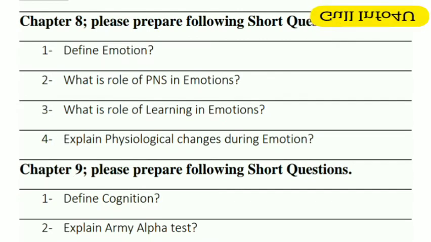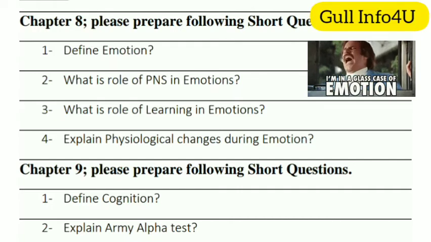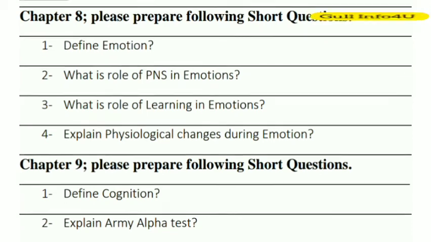From chapter 8 you have to prepare the following: define emotion, what is the role of PNS, the peripheral nervous system, in emotions, what is the role of learning in emotions, and our last will be explain physiological changes during emotion.